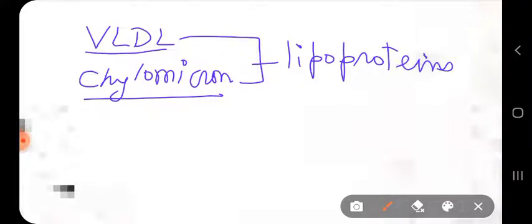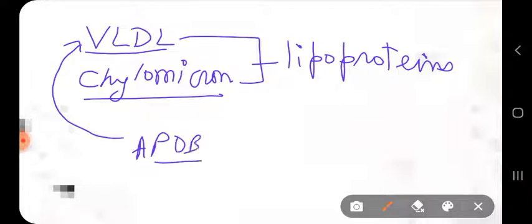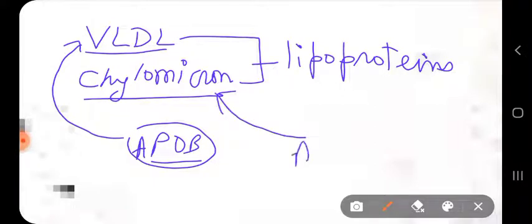And second, I have said that the apolipoprotein B is found in the VLDL. So within the VLDL, apolipoprotein B or APOB is found. The same apolipoprotein is also found in the chylomicron particle.